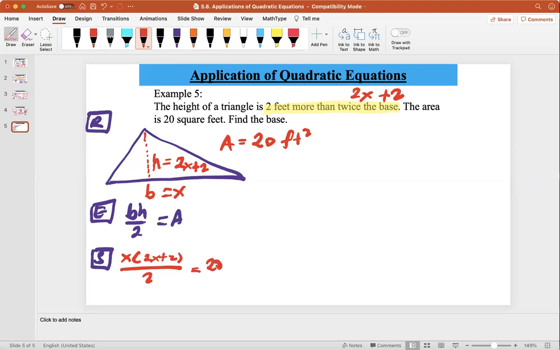We see a denominator. You have x times 2x plus 2 all over 2 equals 20. The denominator of 20 is 1, so we can put 20 over 1, and then we cross multiply.